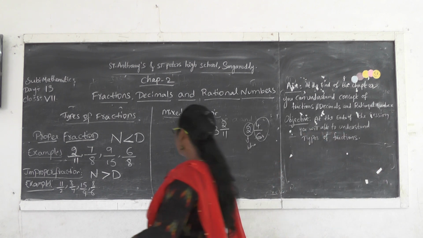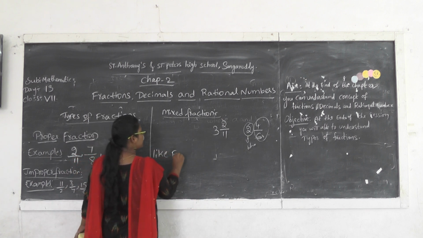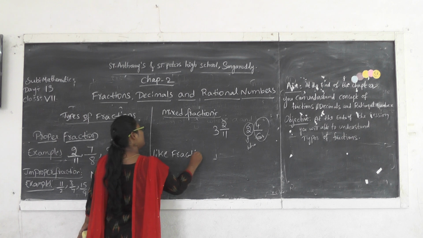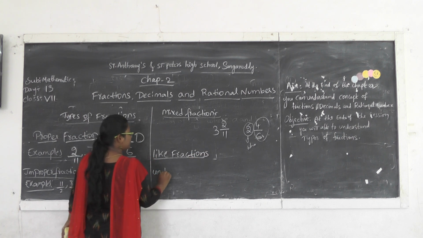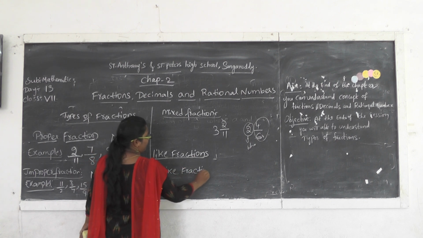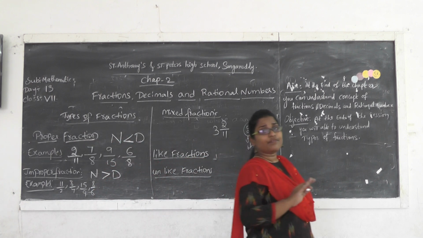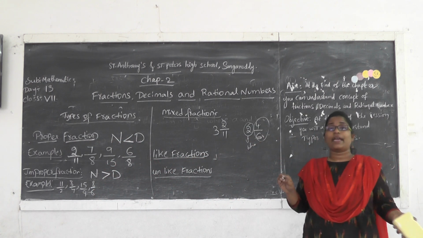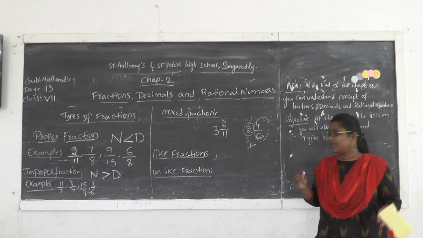Next is about like and unlike fractions. What is meant by like fractions? A group of fractions having the same denominator comes under like fractions.